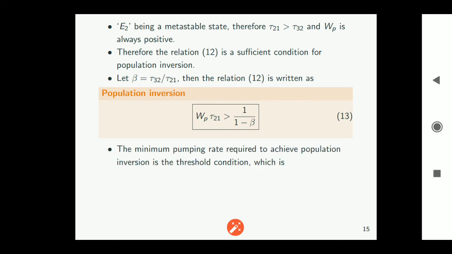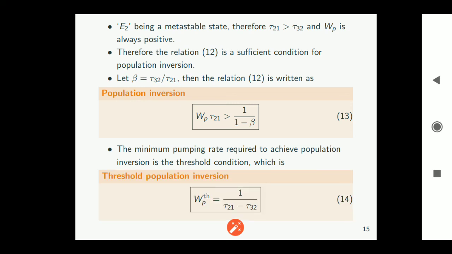The minimum pumping rate required to achieve population inversion is called the threshold condition, which is nothing but equating equation 12 or equation 13. So the threshold population inversion condition is written as Wp threshold equals 1 by tau 21 minus tau 32.